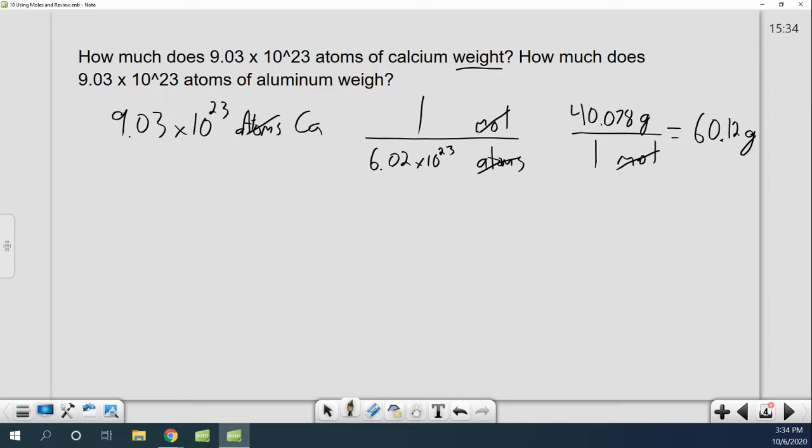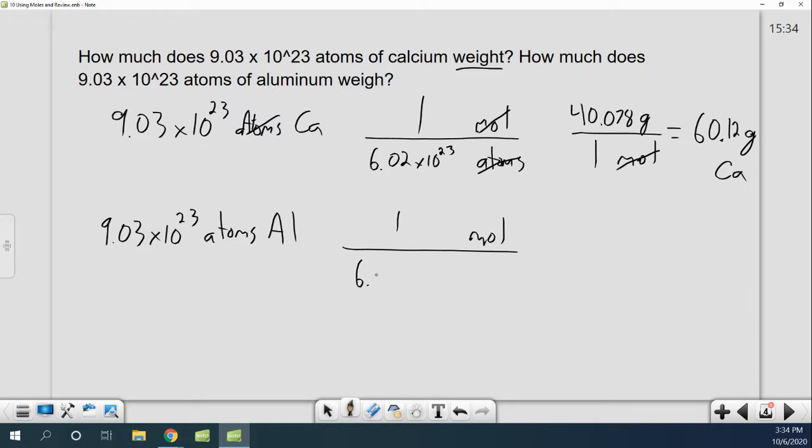All right. Now what if I had aluminum? 9.03 times 10 to the 23 atoms of aluminum. That's calcium. Well, change it into moles. 1 mole is 6.02 times 10 to the 23 atoms.